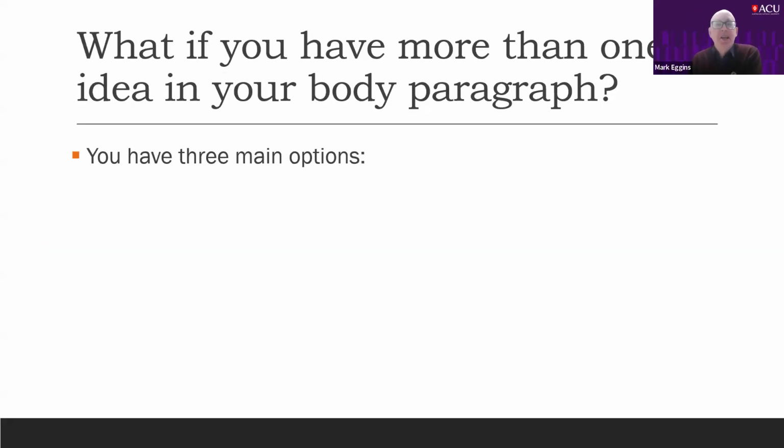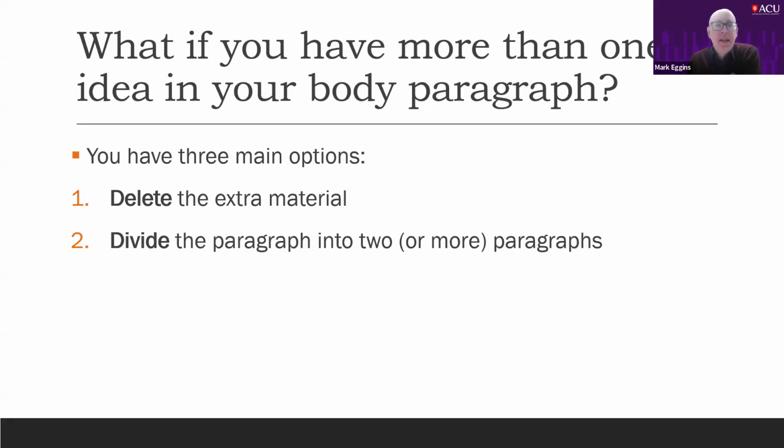Well, let me share some ideas here. First one, cut something out. Just cut it out of the paragraph and leave it. Maybe you can use it for something else. Next one, and probably the most common strategy, is to divide the paragraph into two, or maybe more paragraphs.